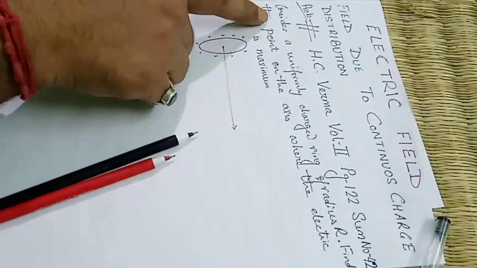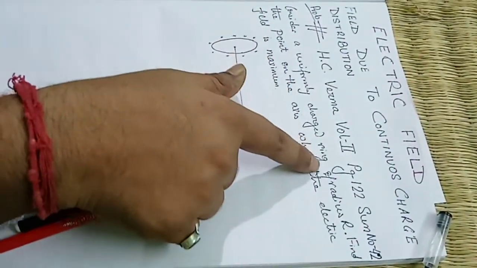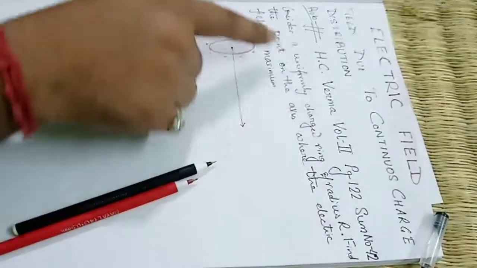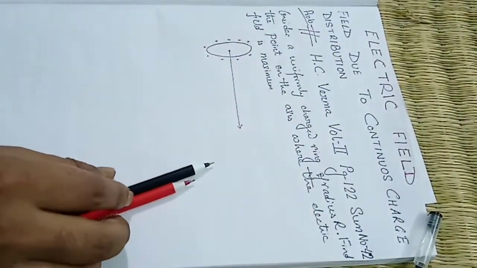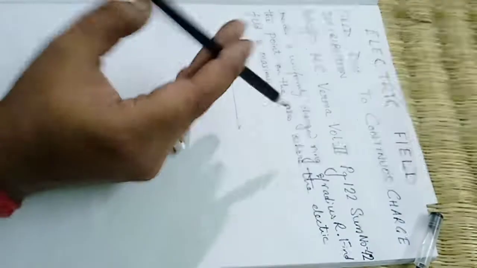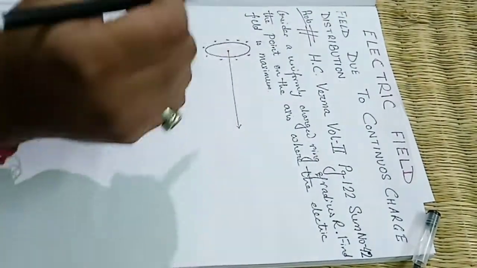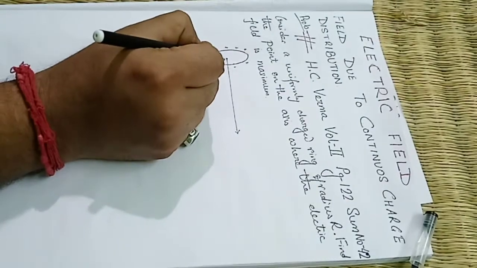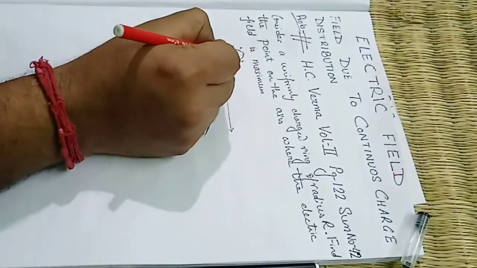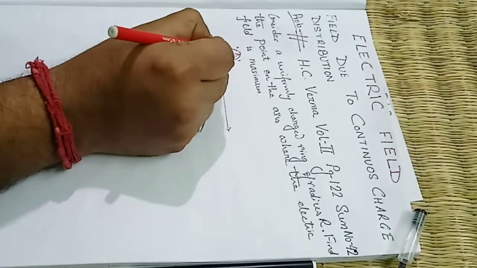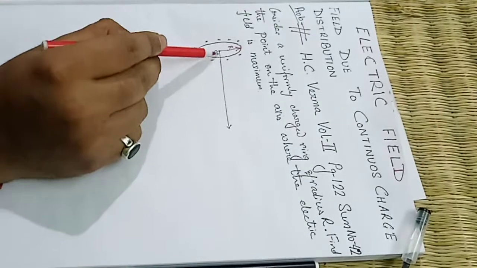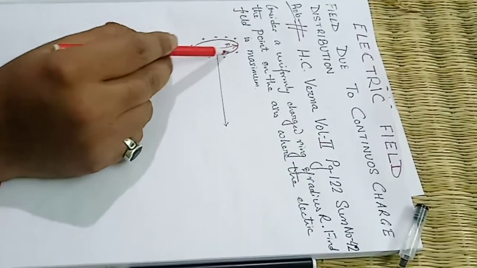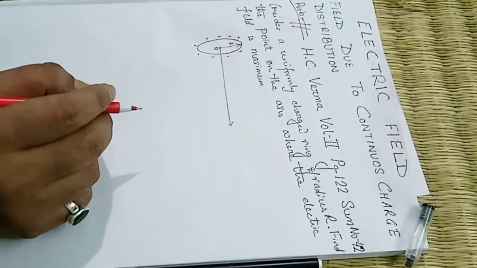It's saying consider a uniformly charged ring of radius r. Find the point on the axis where the electric field is maximum. So this is our charge ring. It is having a center suppose O and having a radius suppose R. We need to find a point on this axis of the ring where the field due to this charge ring will be maximum.